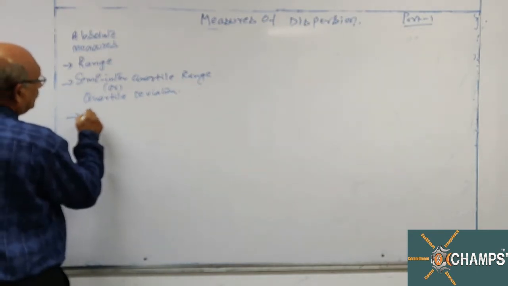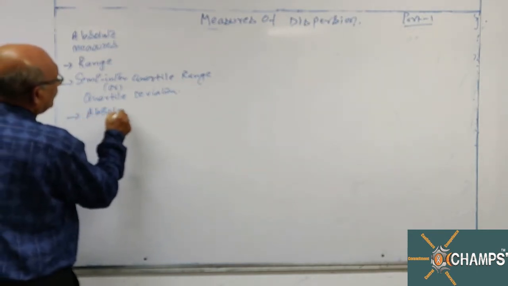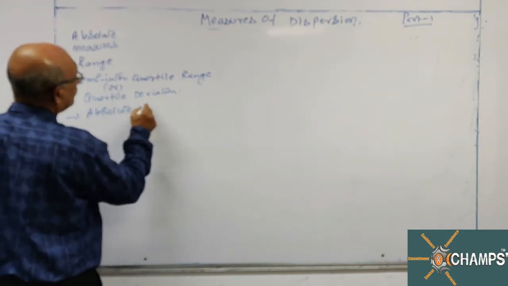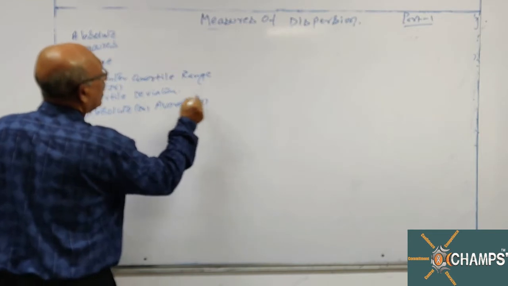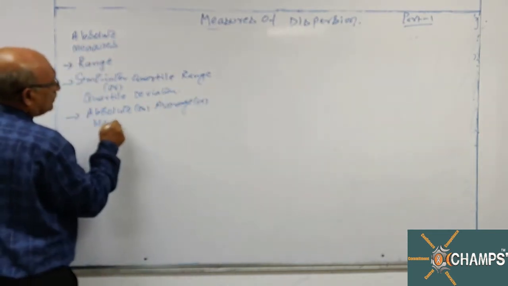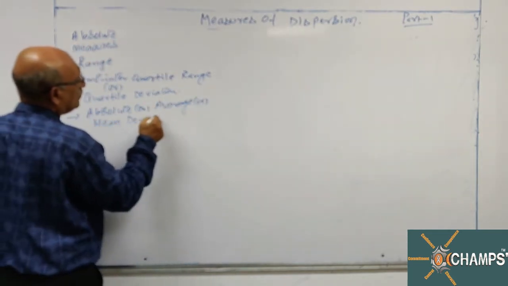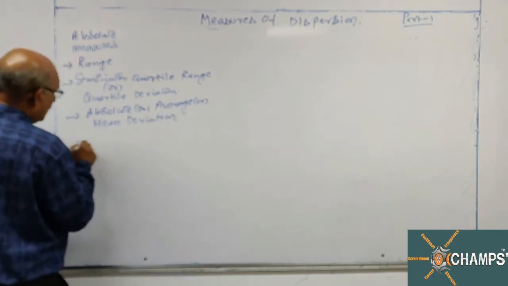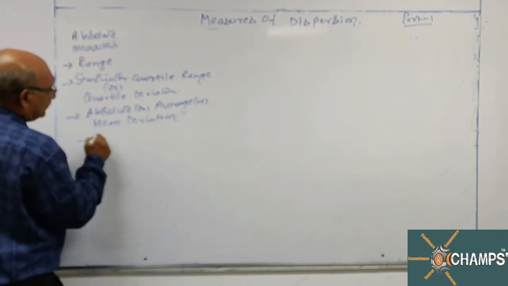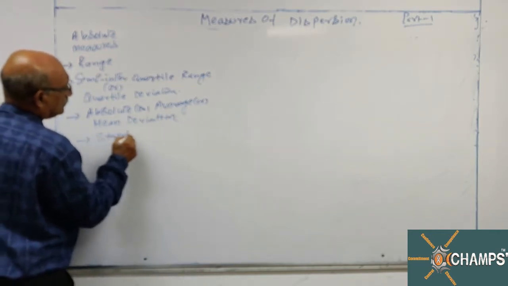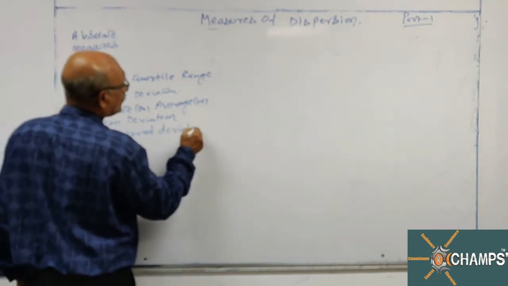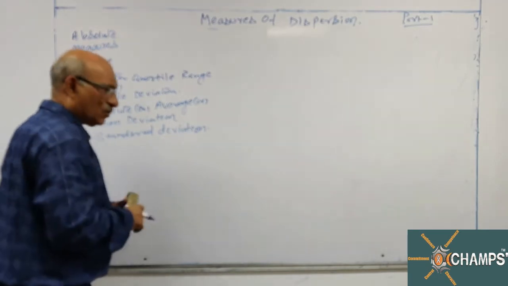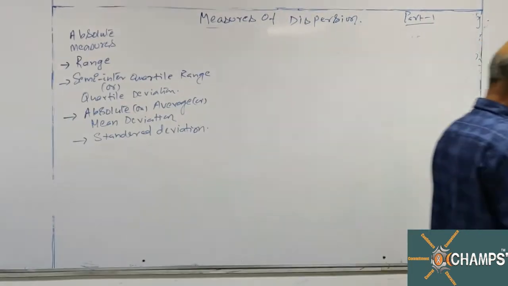Third one is absolute or average or mean deviation. Fourth one is standard deviation.